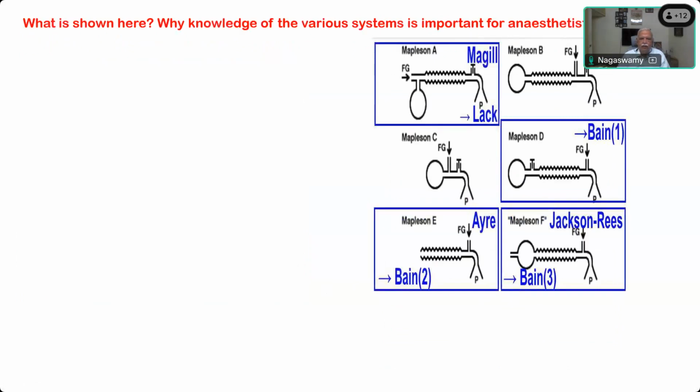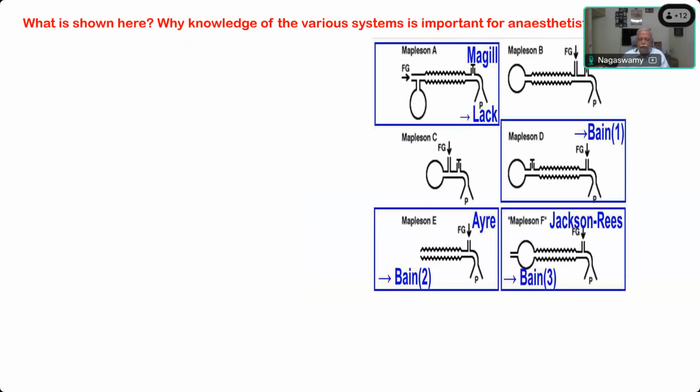What is shown here? Why is knowledge of various systems important to anesthetists? Different types of Mapleson systems. The entire Mapleson classification comprises which particular breathing system?